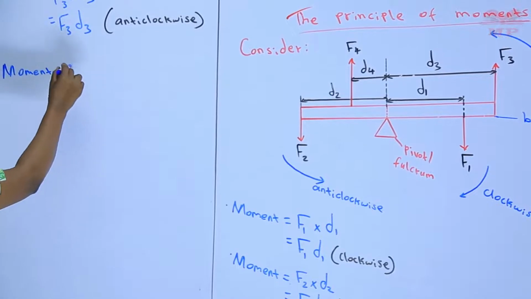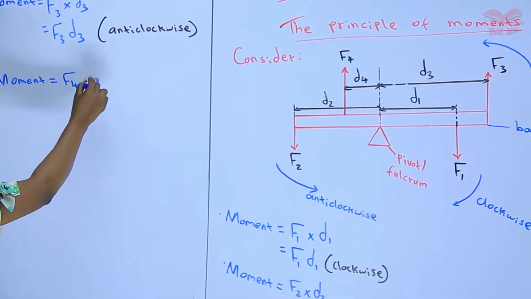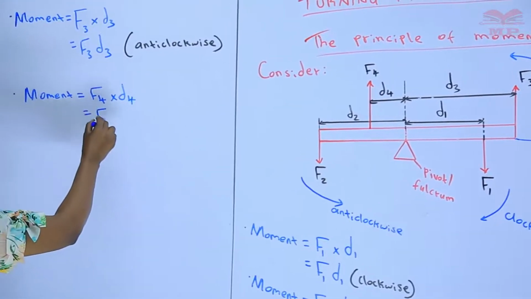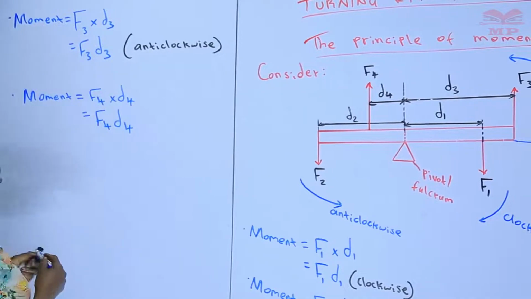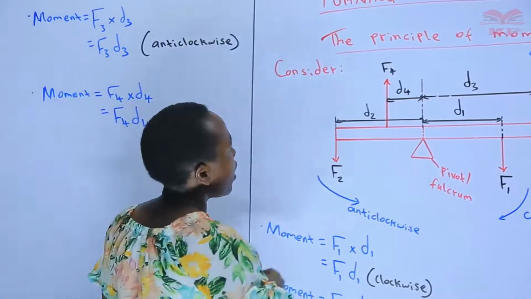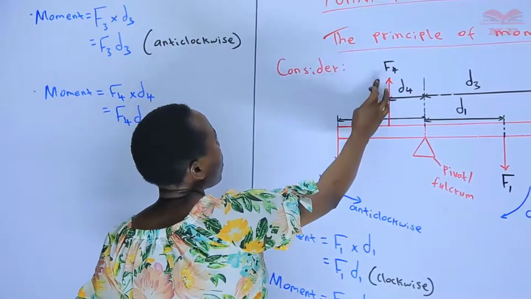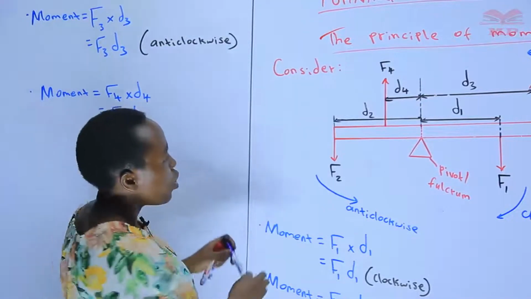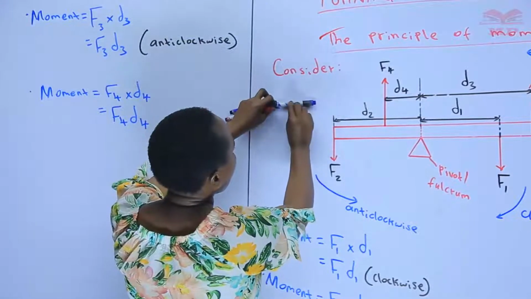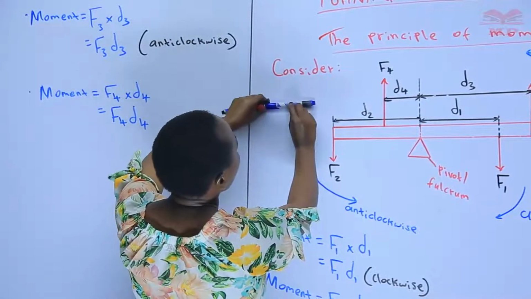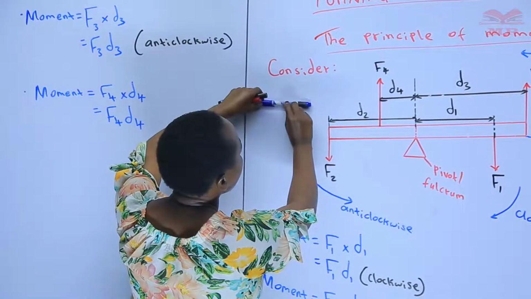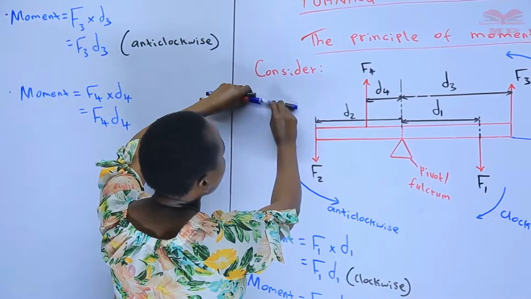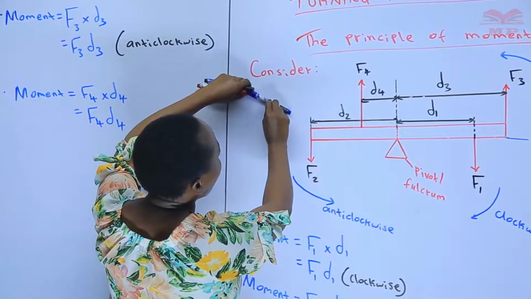And finally, we have another moment being given by force F4, D4. So we have F4, D4. So we also need to ask ourselves, is it going to bring about clockwise moment or anti-clockwise moment? When you consider that we have the pivot here and we are applying force in this direction, as you can see, how is the bar turning?